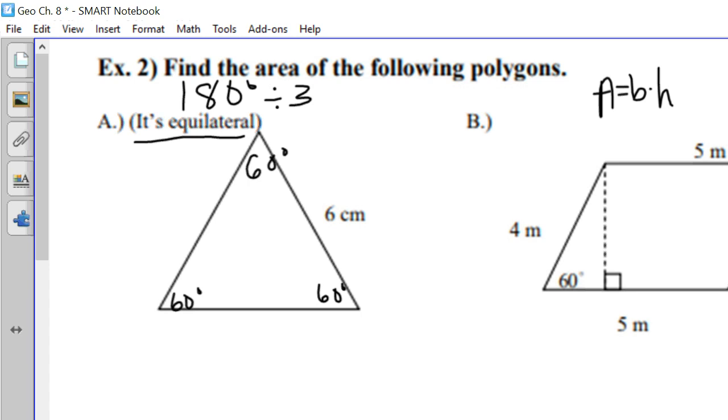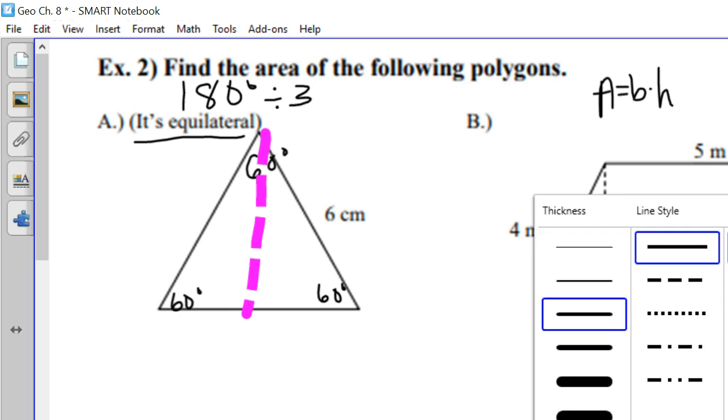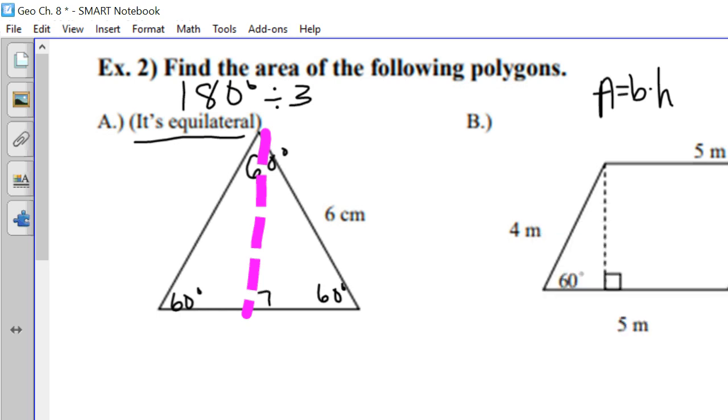This is almost a 30, 60, 90 when we drop in our altitude. We now have a 30, 60, 90 on the right and a 30, 60, 90 on the left. Half of 60 is 30.